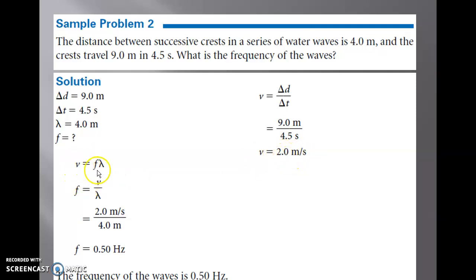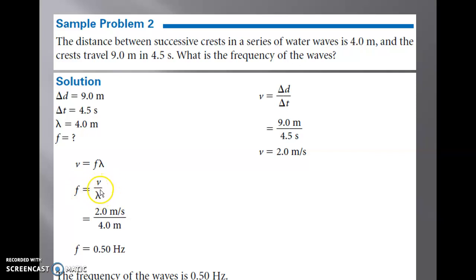So from here, we are looking for the frequency. Make frequency the subject of the formula. When you do that, frequency is equal to speed over wavelength. If you make F the subject of the formula, you divide both sides by wavelength. So the frequency becomes speed over wavelength.